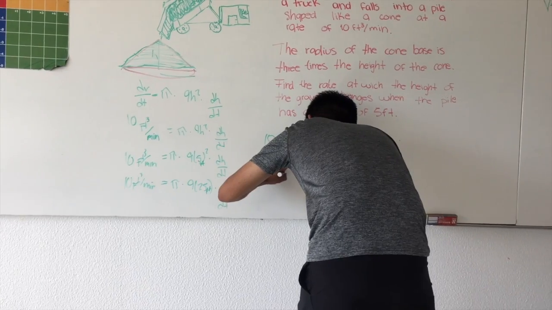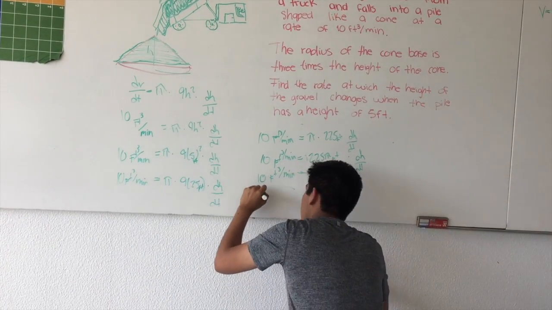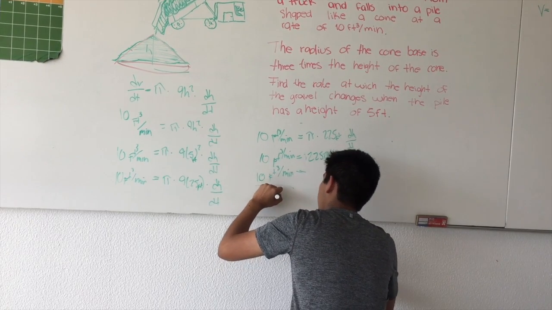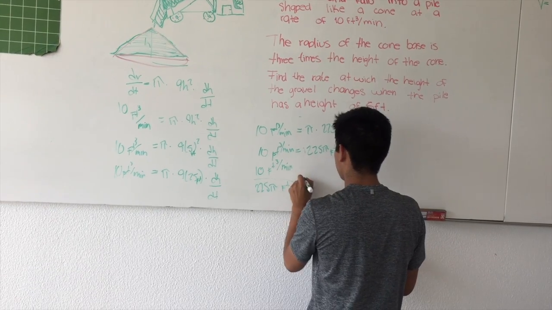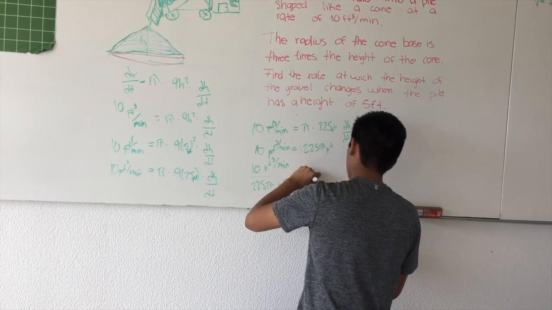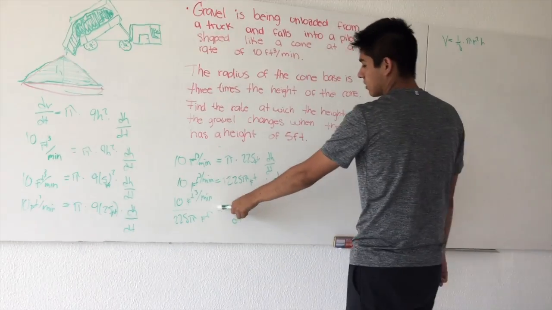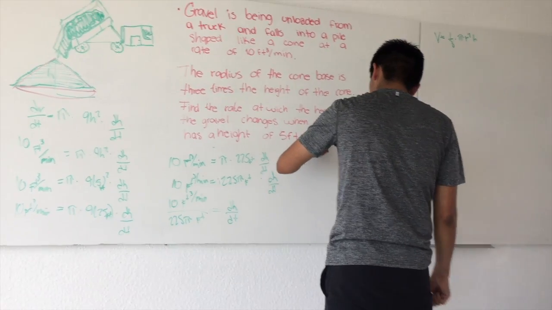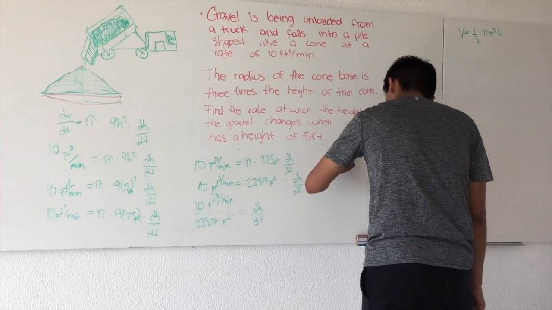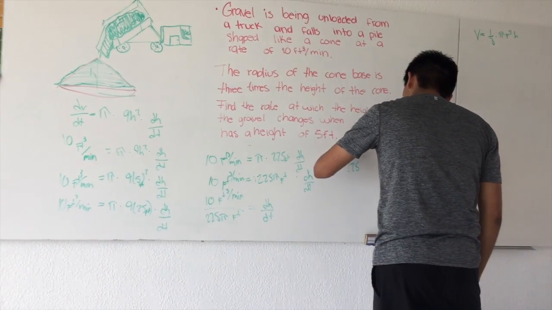So feet cubed per minute over 225 pi feet is equal to dh over dt. Now we can leave it at this, or we can simplify it. 5 over 5, this is going to be a 2.